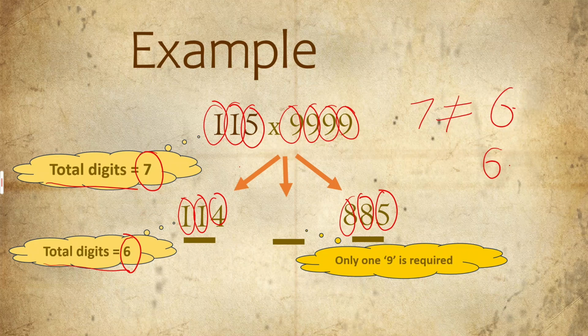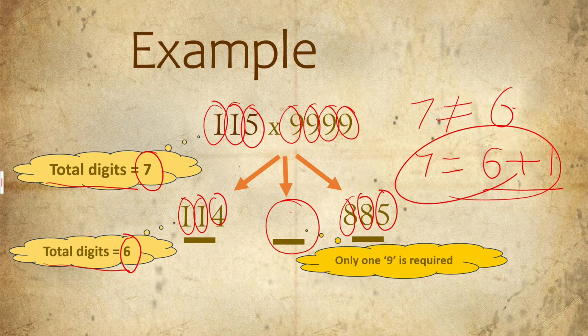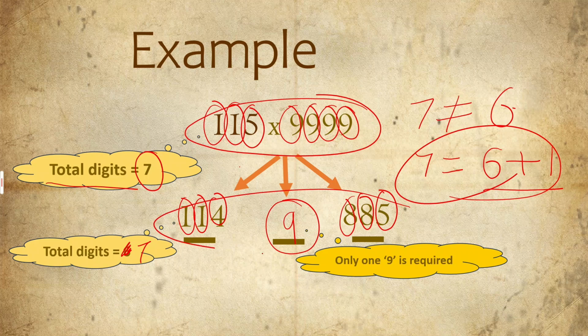How do you make it equal? You basically add 1 to 6 to make it equal, right? This is how it works. Now, we are going to add one 9. When we add a 9 over here, then the total digits will become 7, right? 1, 2, 3, 4, 5, 6, 7. So the total digits in the question and in the answer will become equal.